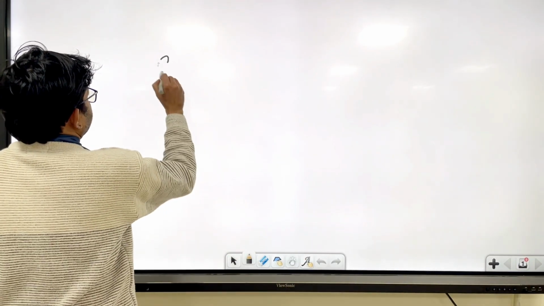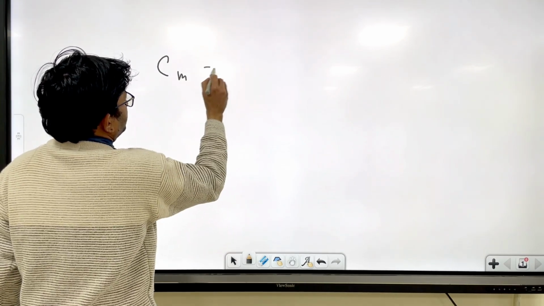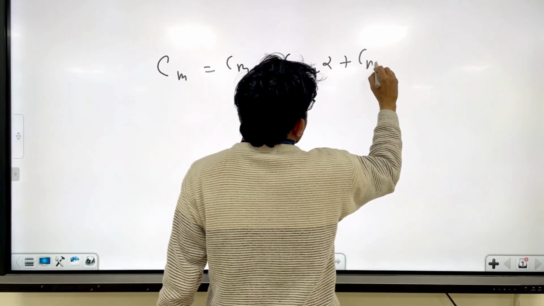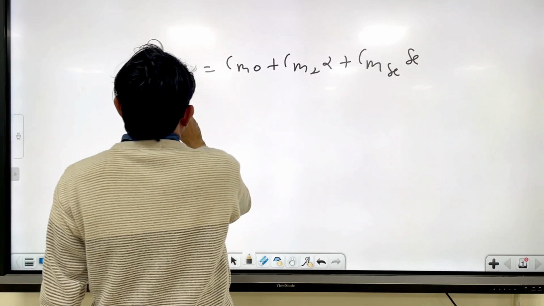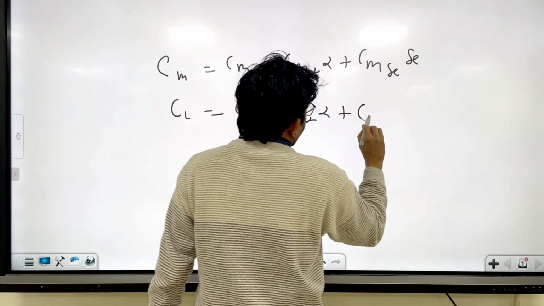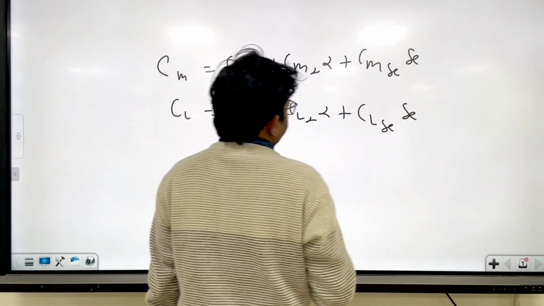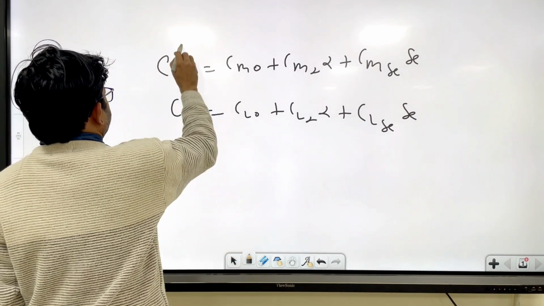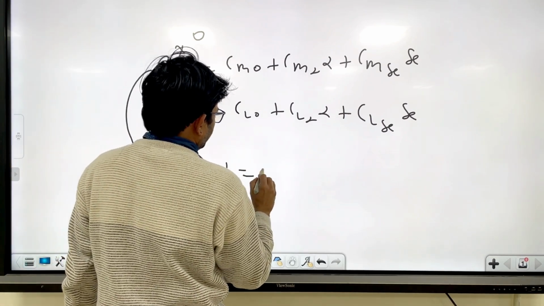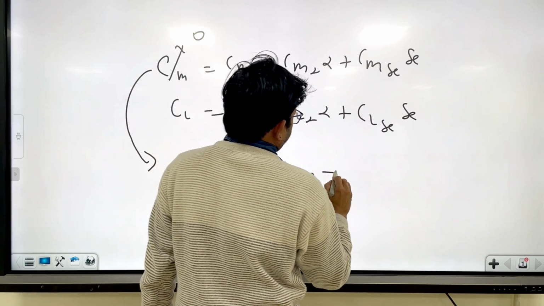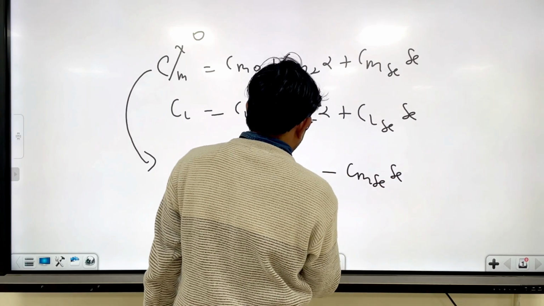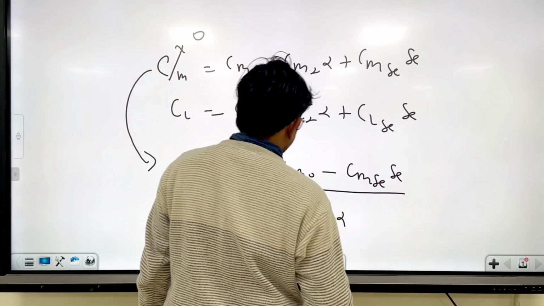We already studied these equations: Cm equals Cm naught plus Cm alpha into alpha plus Cm delta E into delta E, and Cl equals Cl naught plus Cl alpha into alpha plus Cl delta E into delta E. At the trim, Cm is 0, so from this equation you can write alpha equals minus Cm naught plus Cm delta E into delta E, divided by Cm alpha.